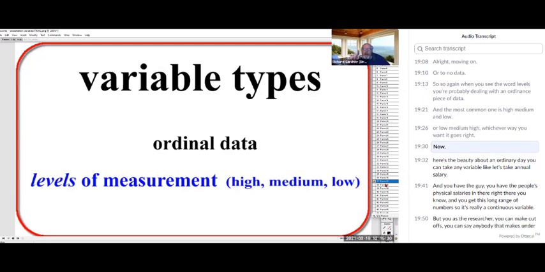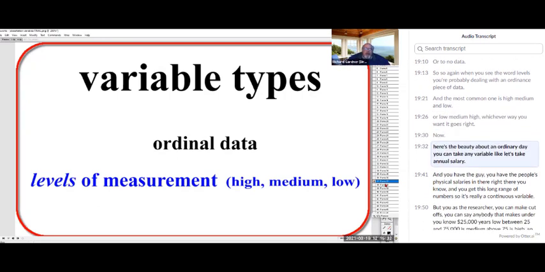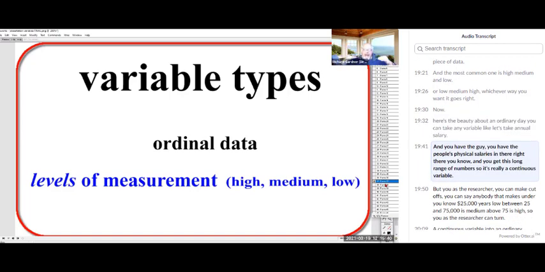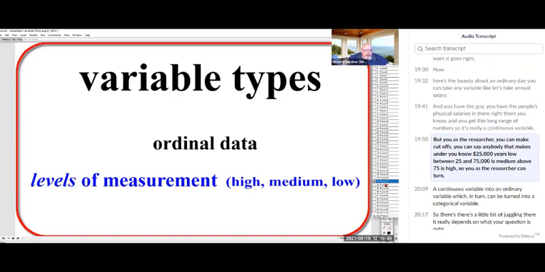Now, here's the beauty about ordinal data. You can take any variable, like let's take annual salary. And you have the people's physical salaries in there, right? And you get this long range of numbers, so it's really a continuous variable. But you, as the researcher, can make cutoffs.